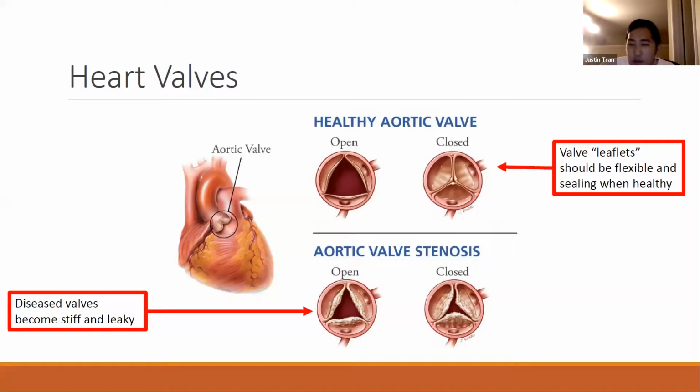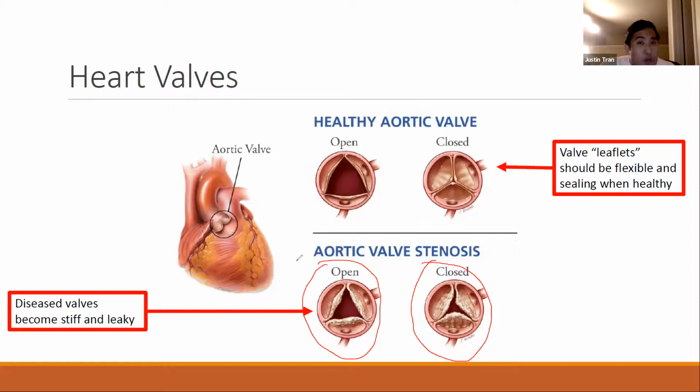Which I think, when I first learned this, it was really fascinating because this is almost like a purely mechanical dysfunction here, right? And so if you're designing a pipe flow system, let's say for a kitchen sink or a bathroom sink, and you say that you have a faulty valve, this is kind of what you imagine, right? And so the valve is probably having a hard time closing.